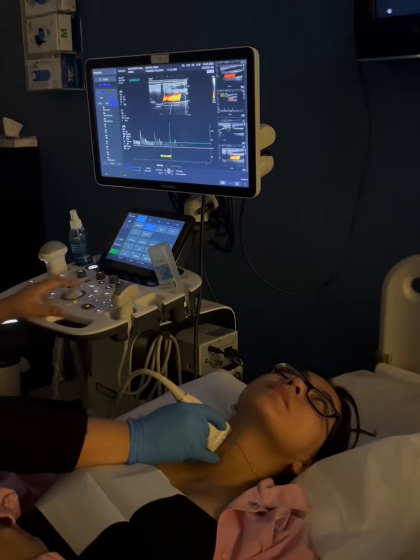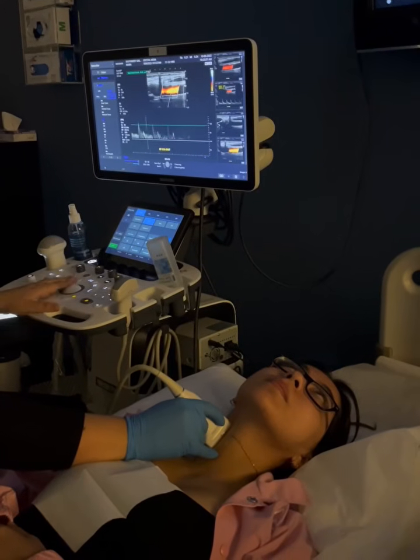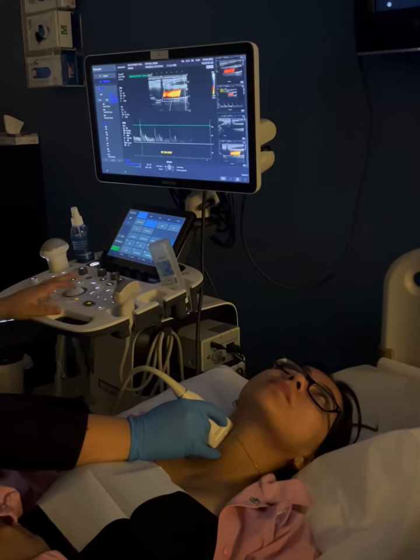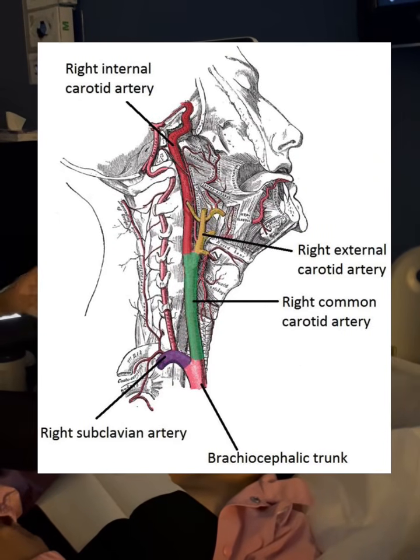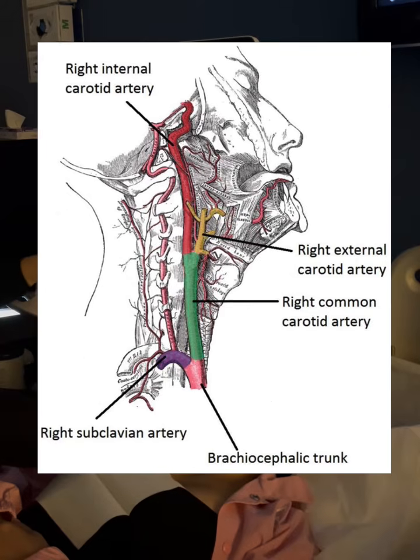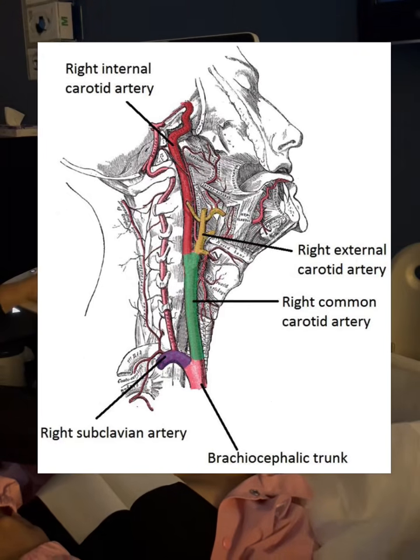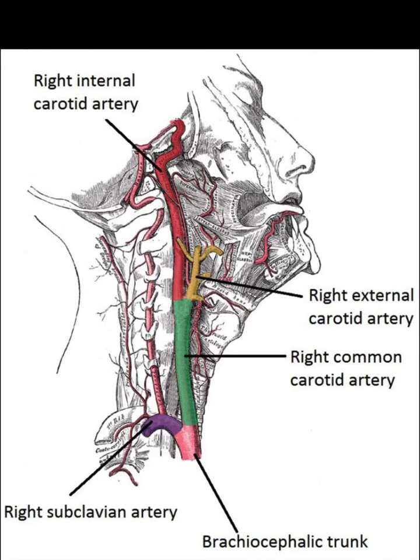You're going to reach the right CCA bulb. The bulb is going to be the very ending of the green before it splits into the yellow and the red. This is where the CCA bifurcates into the right internal carotid artery and the right external carotid artery.